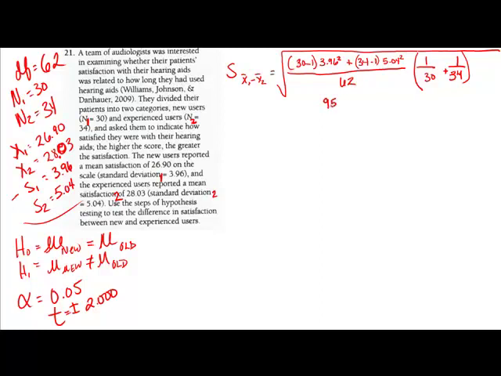I got 953.0928. Let's go ahead and divide that by 62. And I get 15.37, times, okay, I get 1 divided by 30 plus 1 divided by 34.